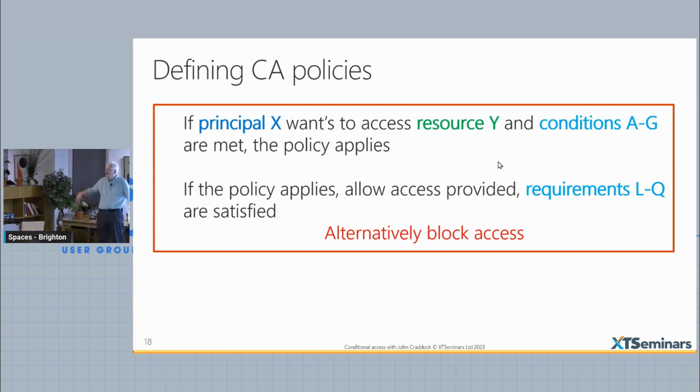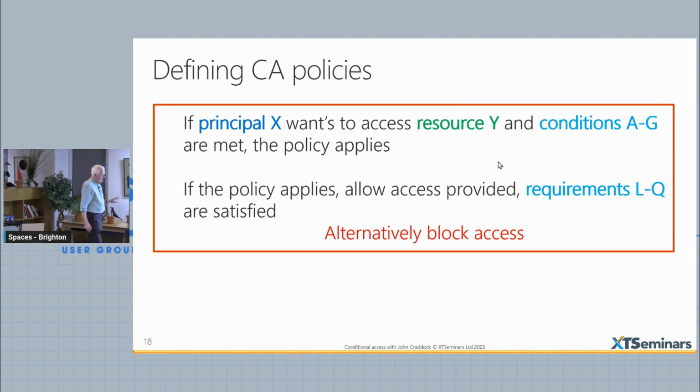It could be that you're at a particular location, and then if the policy applies, it needs to meet requirements. I've got requirements L to Q, which is you need multi-factor, you need this, you need that. It must be joined to Azure and your corporate network as a hybrid joined device, right?